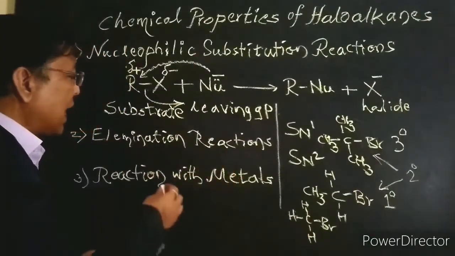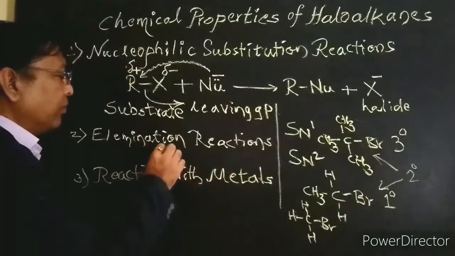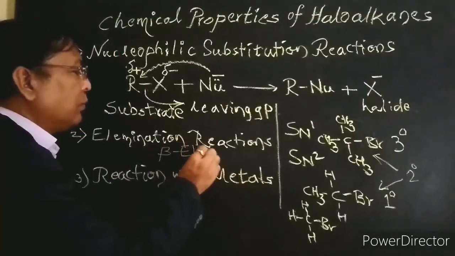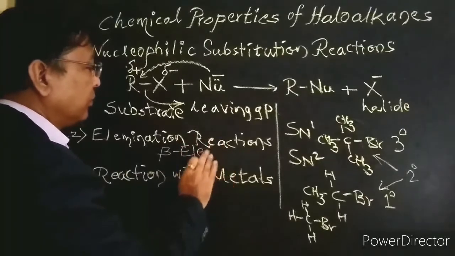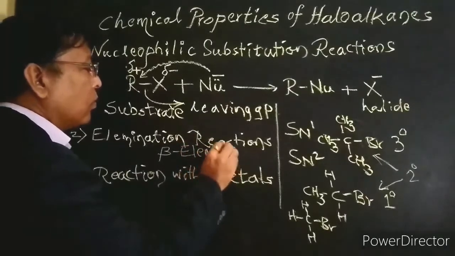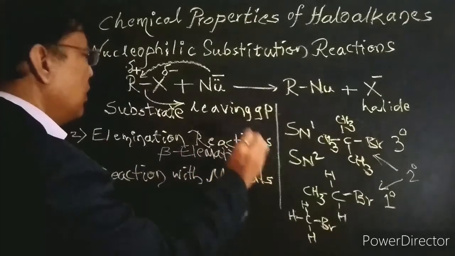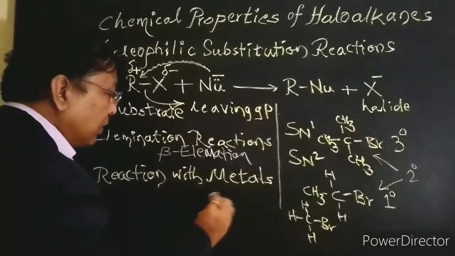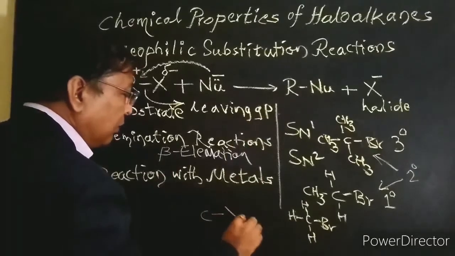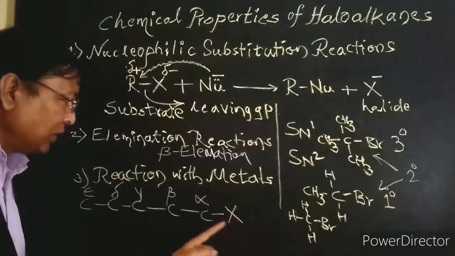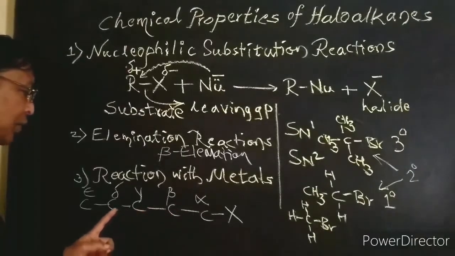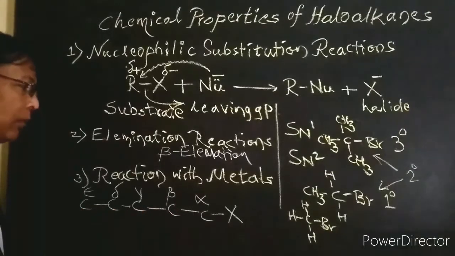The second type of reaction shown by the alkyl halide is elimination reactions. This is also called beta elimination reactions. Why is it called beta elimination? The reason is, see here, the carbon attached to the halogen is called alpha, next beta, next gamma, next delta, next epsilon.